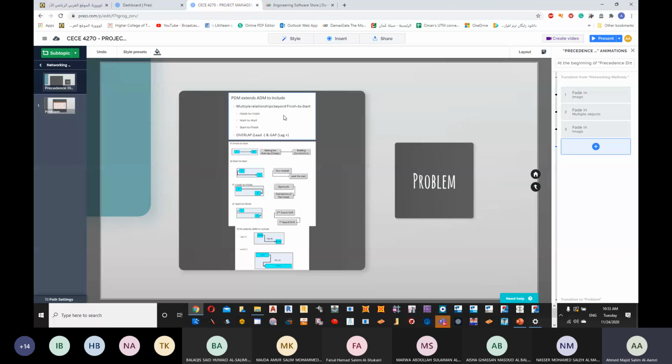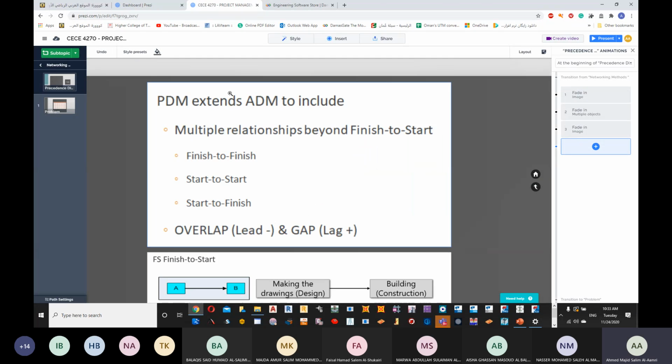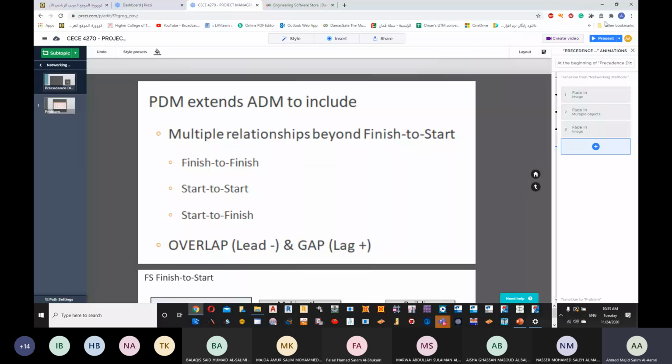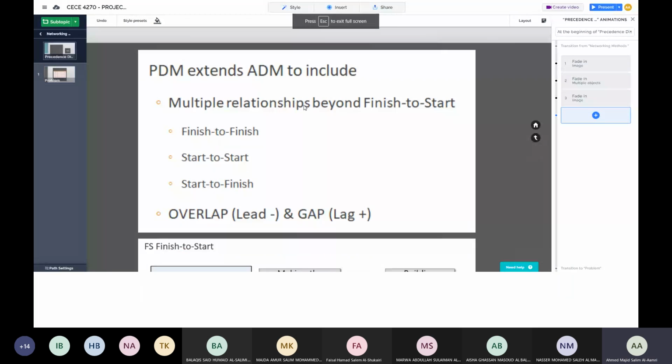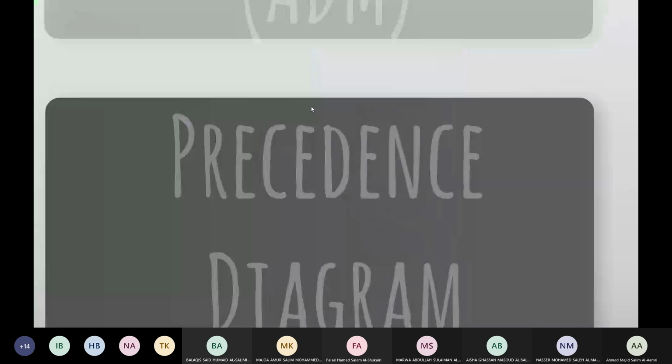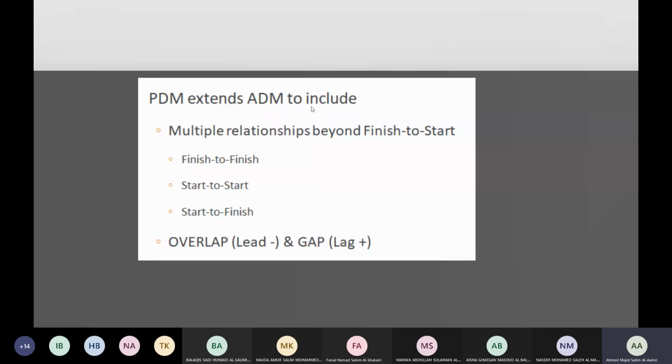Okay, no problem. So we said, if you remember, BDM. If you can see, it says BDM extends ADM. So whatever is available in the ADM is available in the BDM, but BDM has extra things, which are two.